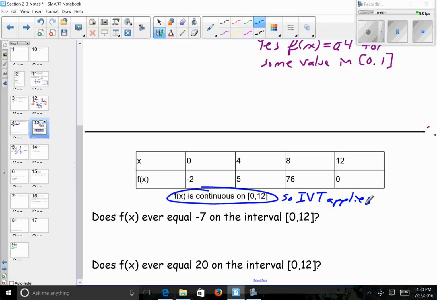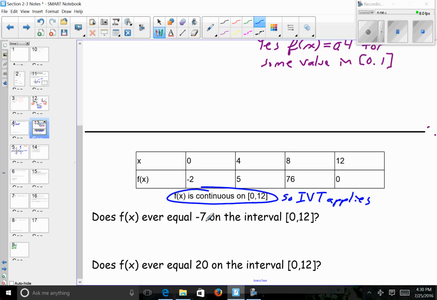So if I first want to say, does f of x equal -7 on the interval from 0 to 12? Well, I start at -2, I go up to 5, then up to 76, then down to 0. What I can say is I know from that because f is continuous on this entire interval, it's also continuous on these smaller intervals. So between 0 and 4, we do hit every y value between -2 and 5.